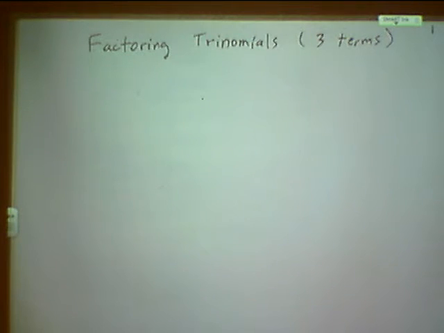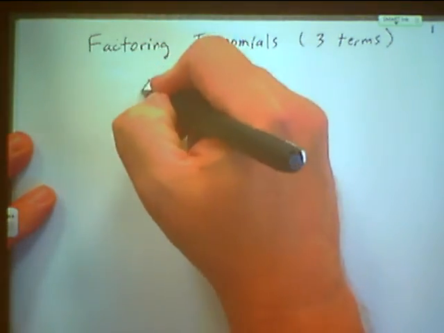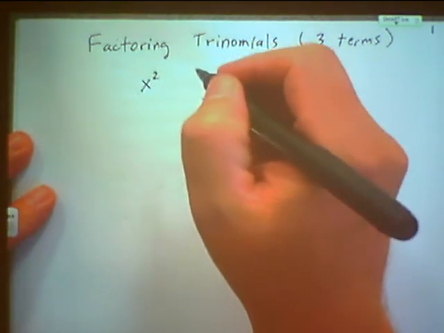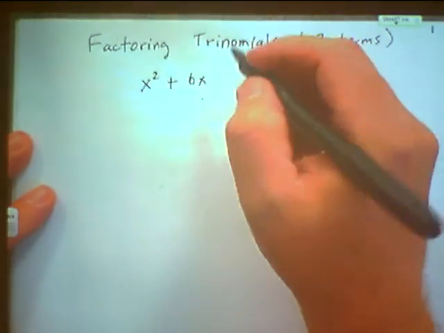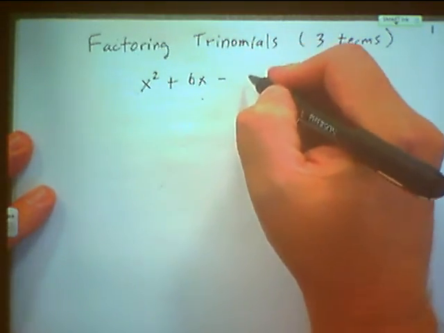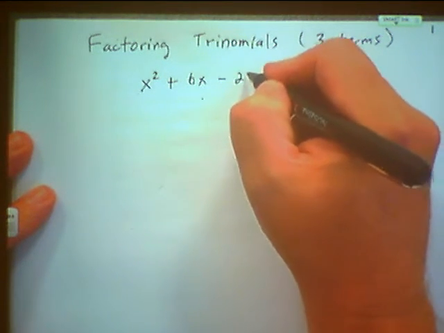These are called trinomials. And right from the start, I want to distinguish between two kinds of trinomials. In a minute, I'm going to factor this trinomial, x squared plus 6x minus 27.